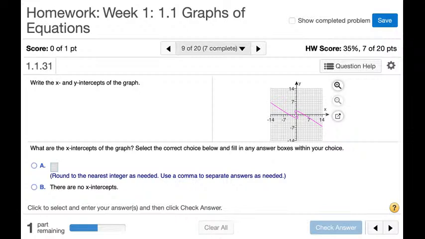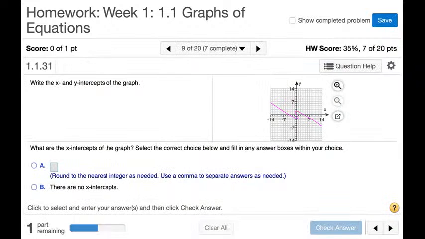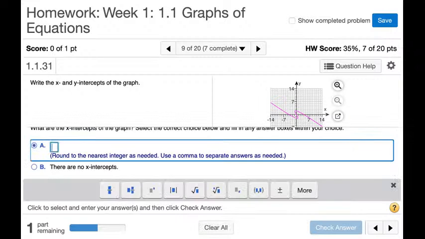All right. What are the x-intercepts? Let's blow this up. 1, 2, 3, 4. 1, 2, 3, 4. So negative 4, 0, and 4. Those are the x-intercepts.